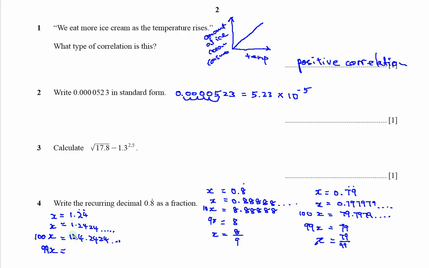This becomes, you got 1, 2, 3. This non-terminating part is cancelled off. Therefore your fraction is 123 over 99. If you divide, you get 1, this one will come out 1, then you got 24 over 99.